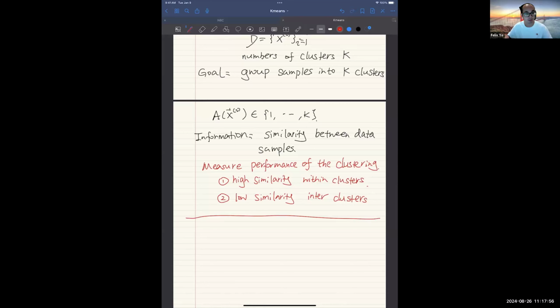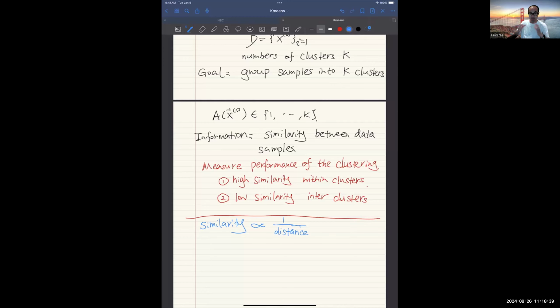There are multiple ways to define similarity, and obviously this is a very important metric before we start any clustering algorithm. Usually similarity is inversely related to distance; you can think of it as proportional to 1 over distance. If the distance is far, the similarity is small.